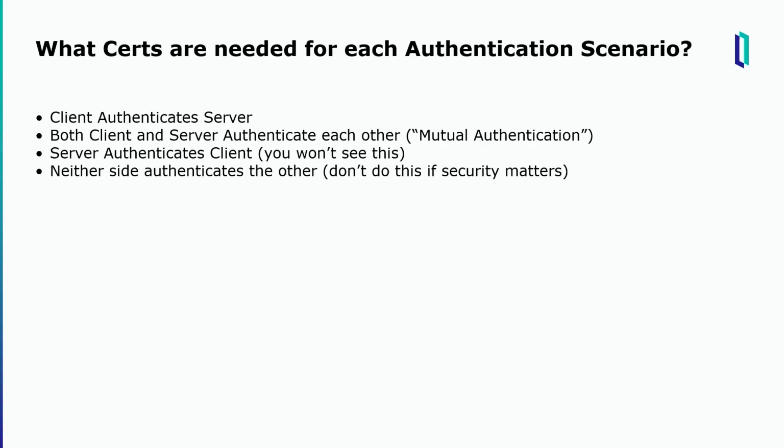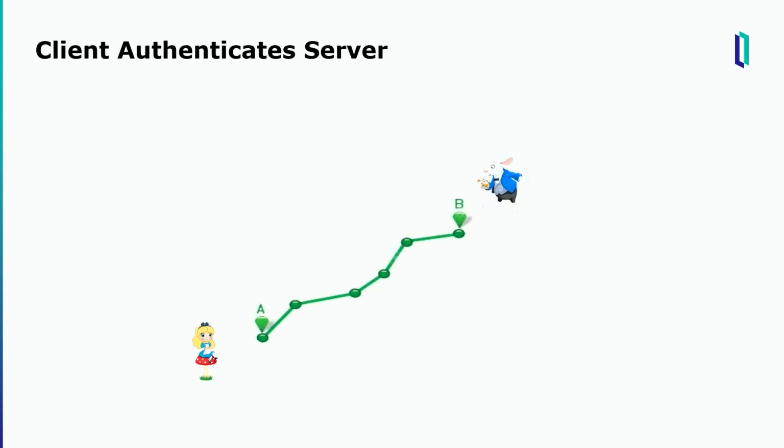We only have time to look at that first scenario, the client authenticating the server, but that will teach us a lot. The spoiler: the server will need to be configured with a copy of its own endpoint certificate, and the client will need to be configured with a copy of the CA certificate from the CA that issued the server's certificate.